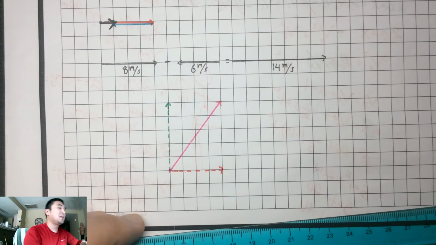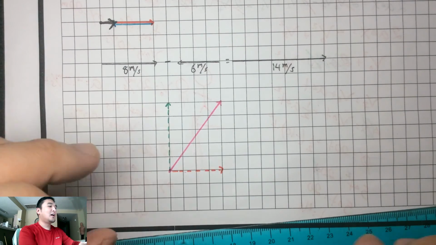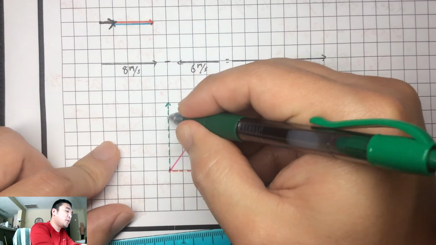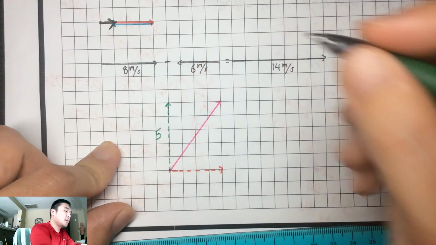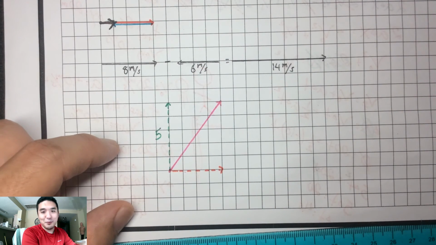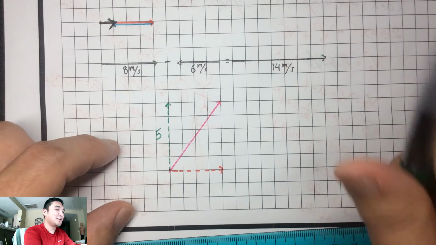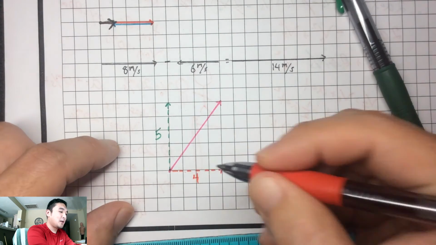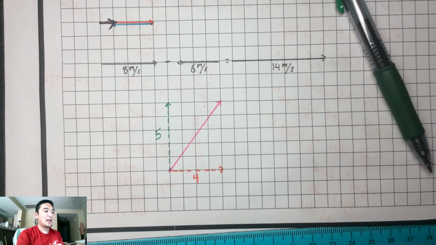I'm just going to stick with it. Anyway, we have 1, 2, 3, 4, 5, whatever units we have here in the y direction, and then we have 1, 2, 3, 4 in the x direction. If you go into engineering, a lot of times you're going to be talking about i, j, k vectors, unit vectors. i, j, k just represents x, y, and z.